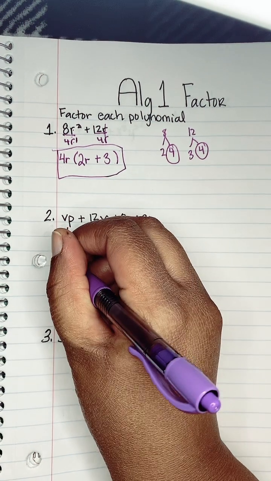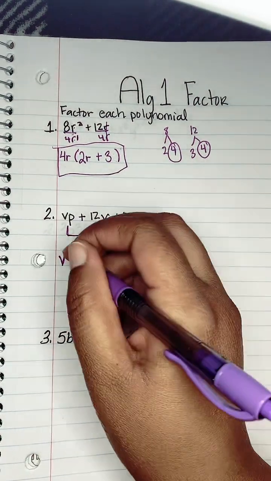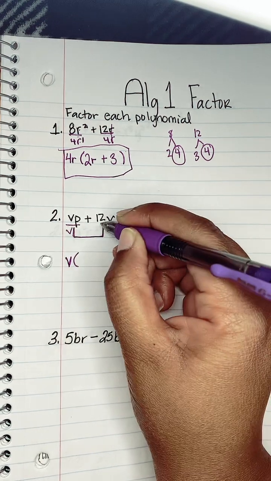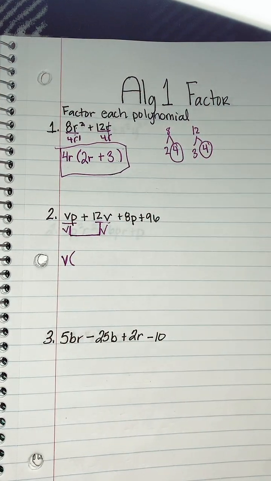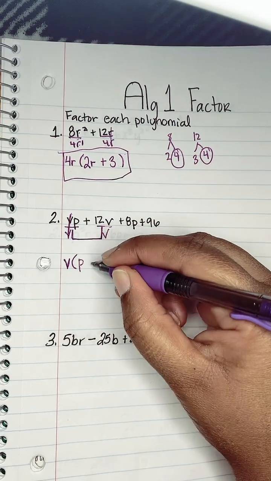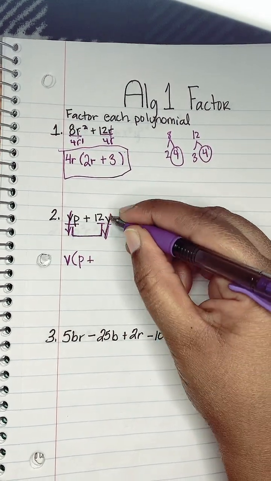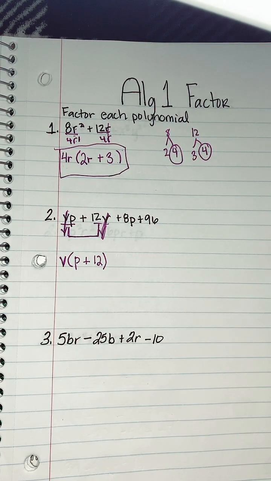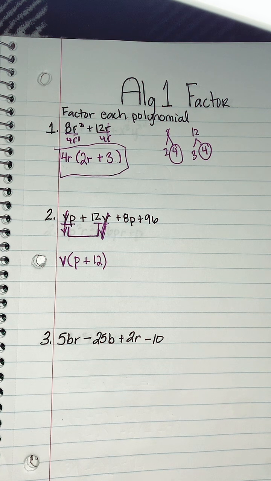Yes, so we have a V. We put a parenthesis. If we divide this by V and we divide this by V, these V's cancel out. We're left with 1P plus 12. Good. P plus 12.